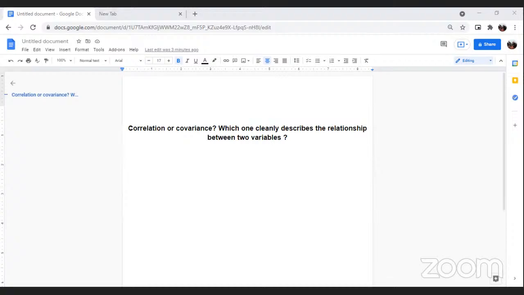Right. So, basically, correlation measures both the strength and direction of the relationship between two variables, whereas covariance only indicates the direction, right? So correlation is most preferable when it comes to knowing the data.